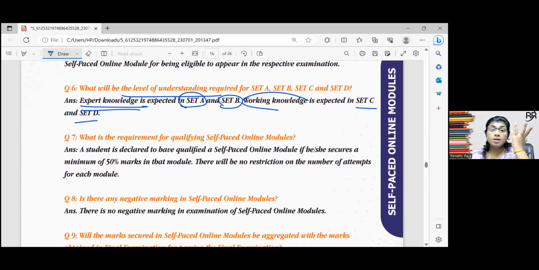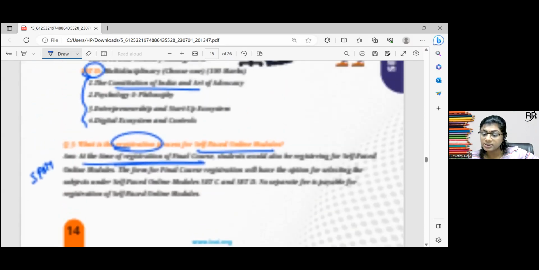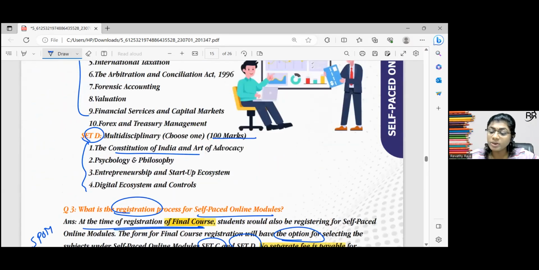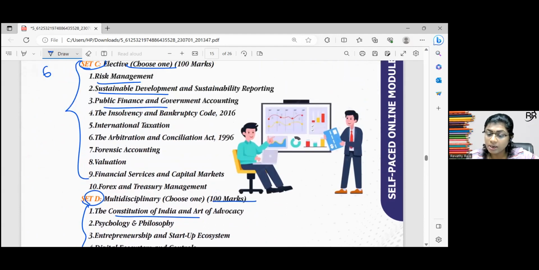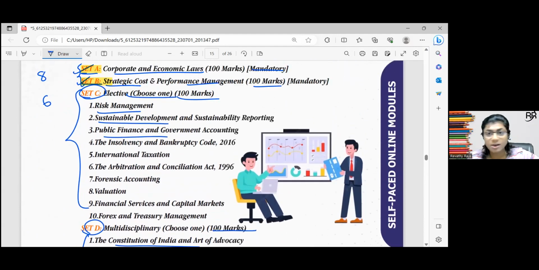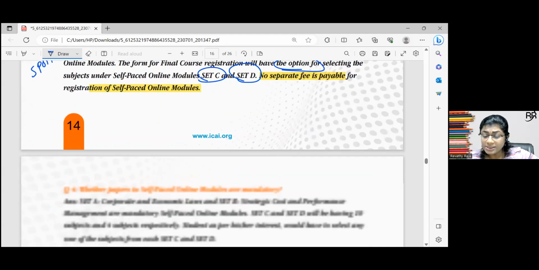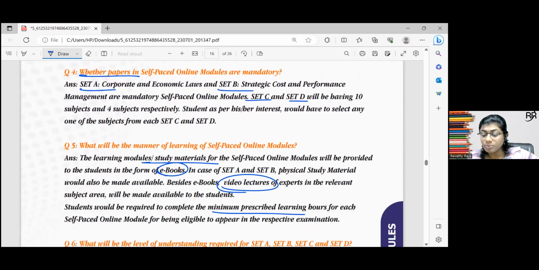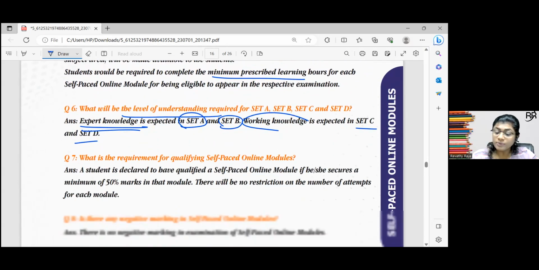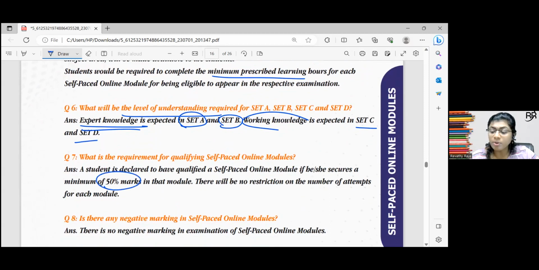Now, what is the criteria for passing? As we have already seen, each paper in these sets is for 100 marks. So what is the pass criteria? How much should we score? We should score a minimum of 50%. The exams will be online.